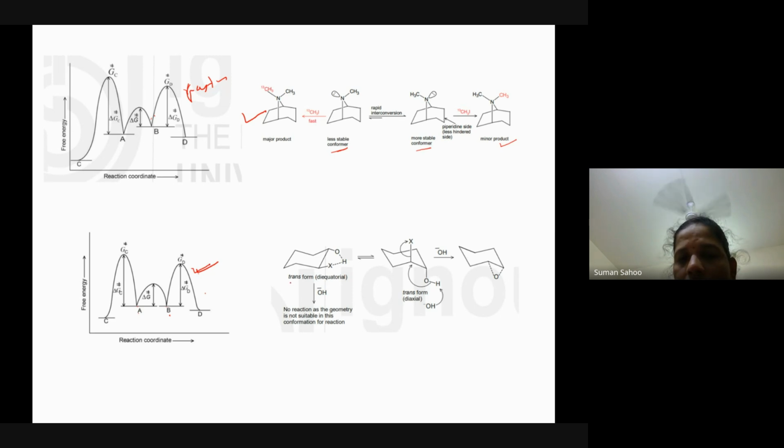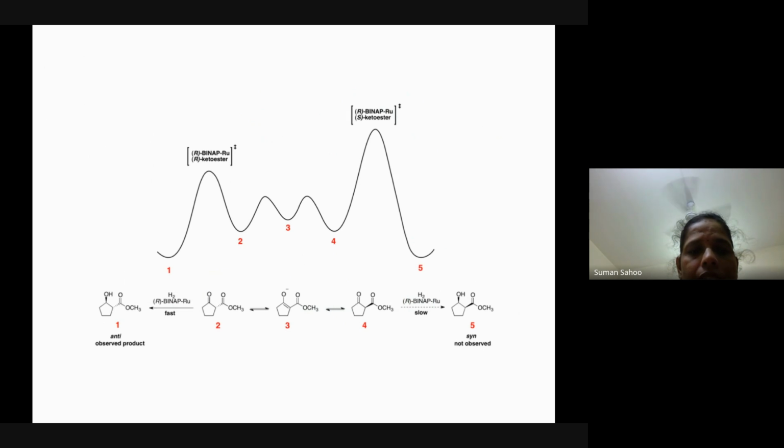So in this conformer, you just see it can be either diequatorial or diaxial. You can just flip it, but diaxial only gives you the product because it goes through a lower energy transition state.